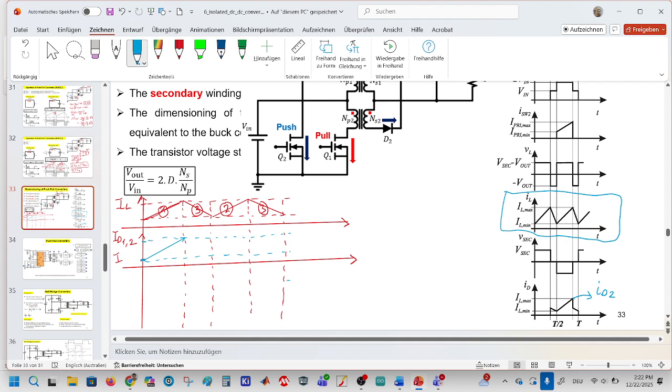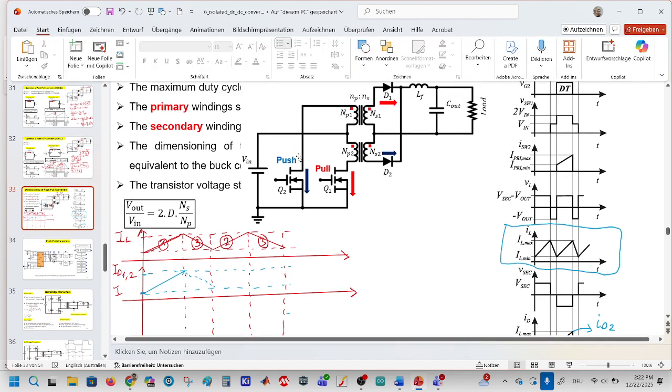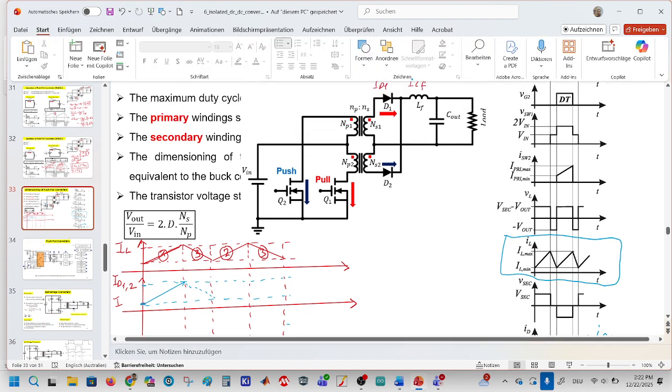And I would expect during mode 3 that the current should flow like that. Okay? But I know that during mode 3, the energy on the inductor is discharged and divided exactly into 2.